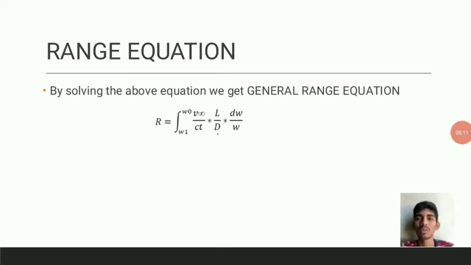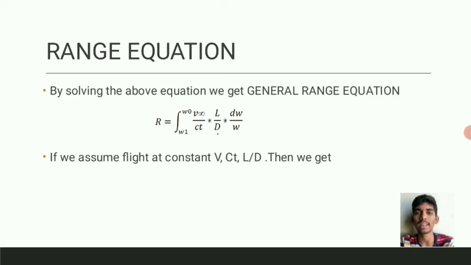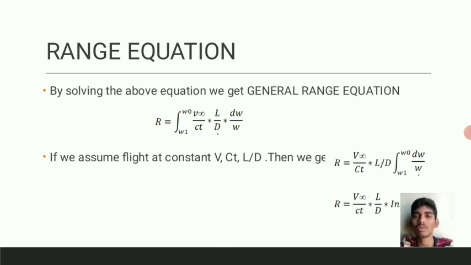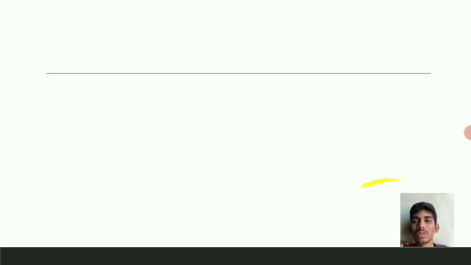The equation is R is equal to the integral from W1 to W0 of V infinity by C_t into L by D into dW by W. Next, if we assume flight at constant V, C_t and L by D, then we get R is equal to V infinity by C_t into L by D, integral of W0 to W1 of dW by W. By solving this equation, we can achieve R is equal to V infinity by C_t into L by D into Ln of W0 by W1.